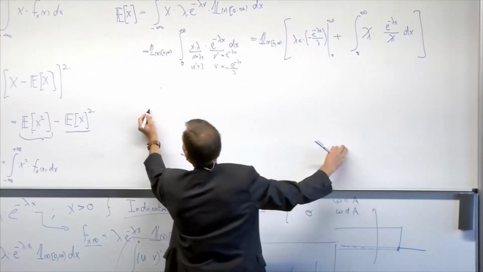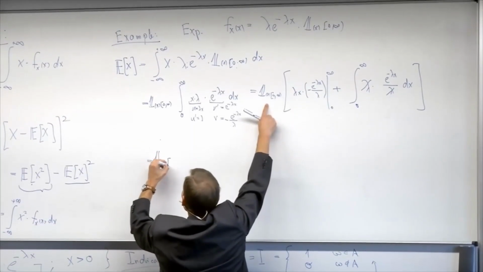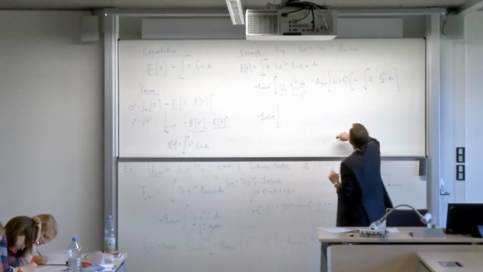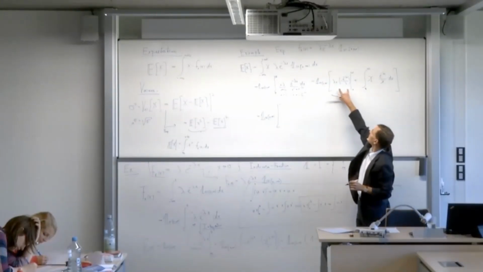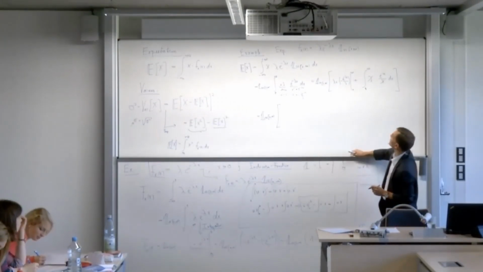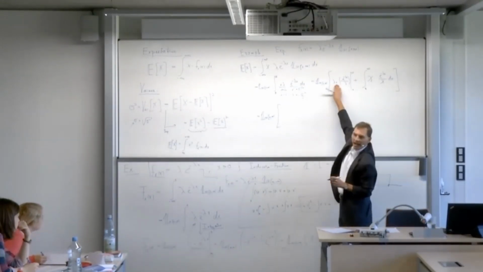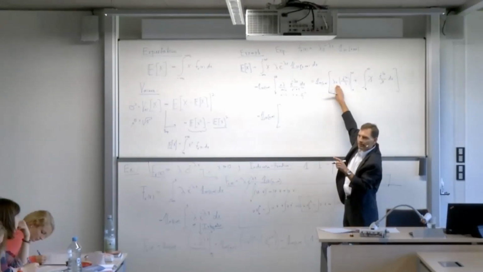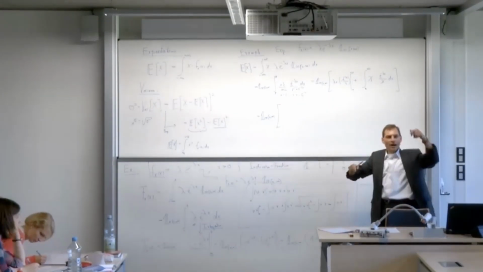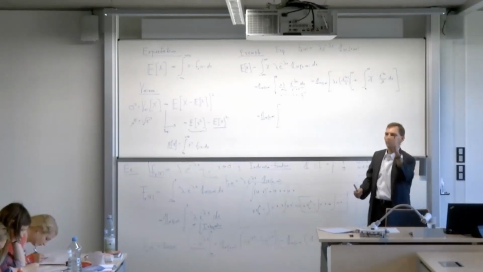Next line. Still, we have the indicator in front. And then we have this big bracket. Well, now we evaluate this term at the two boundaries. You know what we have to do? We have to substitute the upper boundary for x minus the lower boundary. The problem is, if we substitute the upper boundary, which is infinity, usually we don't write infinity for x.